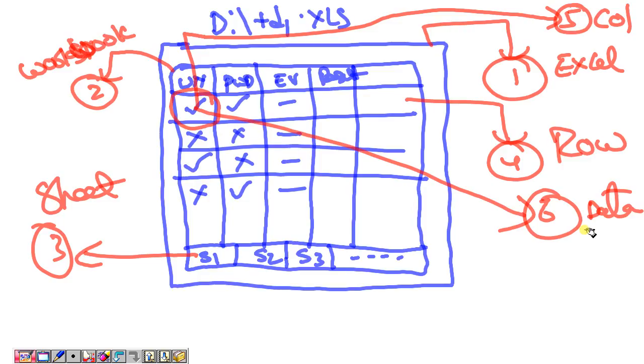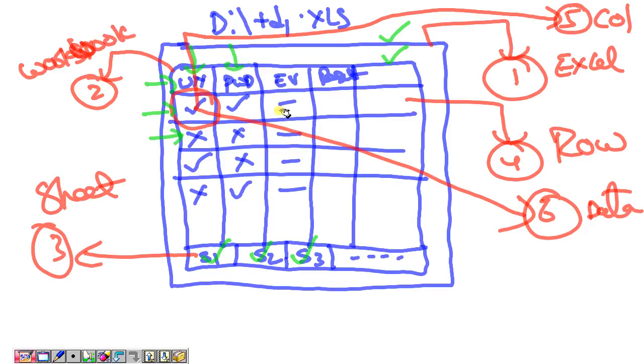Once again, first we go for the Excel sheet. First you need to understand there is an Excel sheet, inside it a workbook, and inside the workbook we have many sheets. In a sheet there are many rows and many columns.